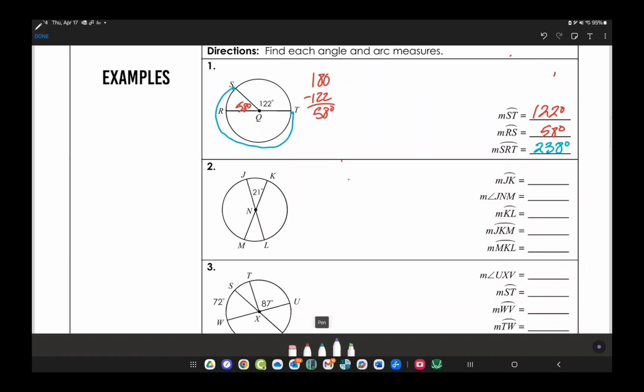Now, all the rules about angles that we've learned so far still apply. What kind of angles are JNK and MNL? They're vertical, which means this is 21 degrees, making JNL and JNM both 180 minus 21, 159 degrees.